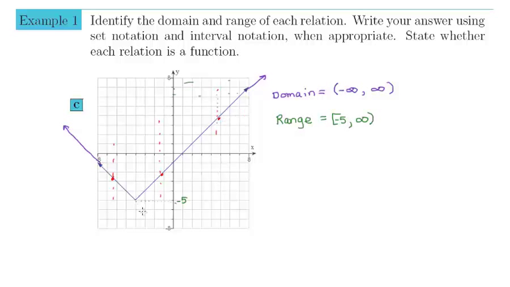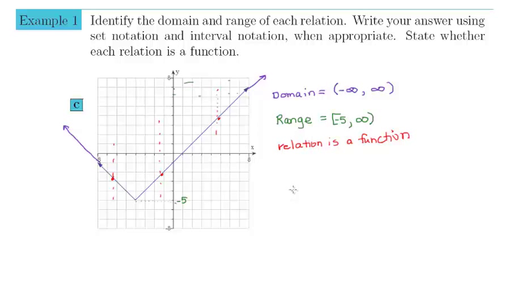Therefore, this graph does satisfy the vertical line test, and that means that this relation is in fact a function. So the relation is a function. Why? Because it passes the vertical line test. And when it passes the vertical line test, it means that every x value corresponds to one y value. Perfect. That ends example 1C.